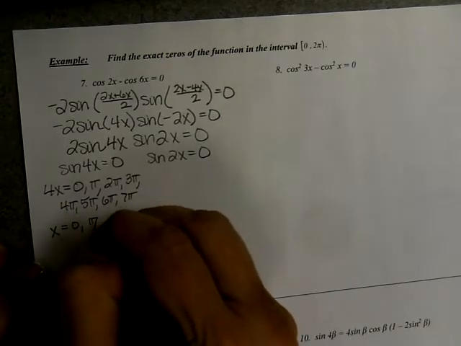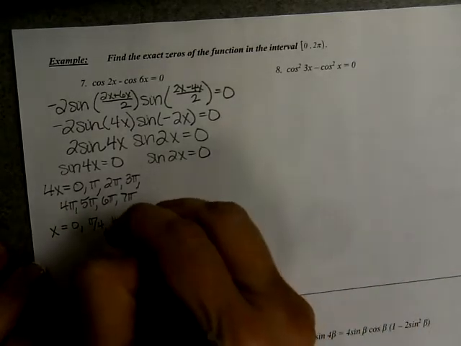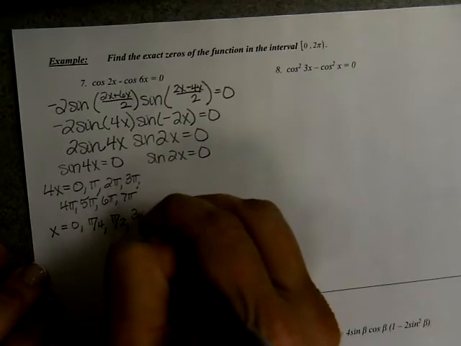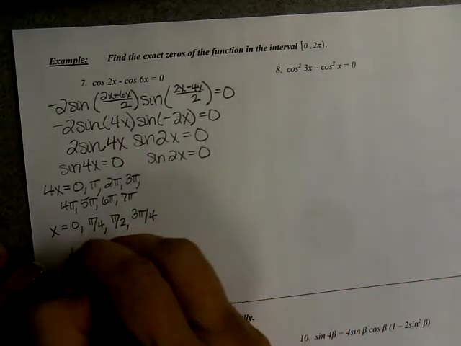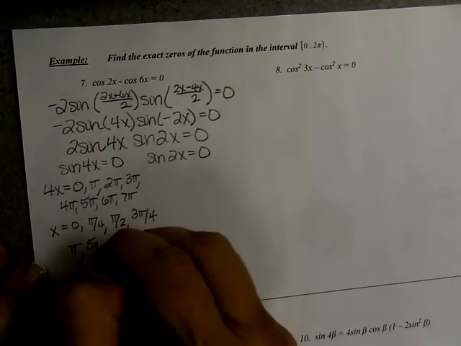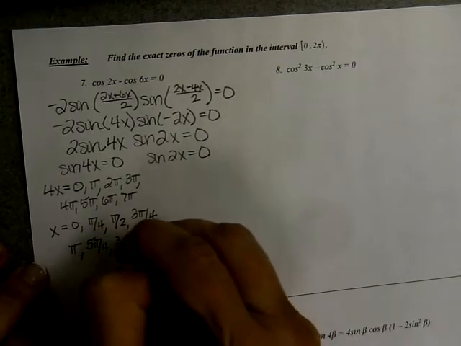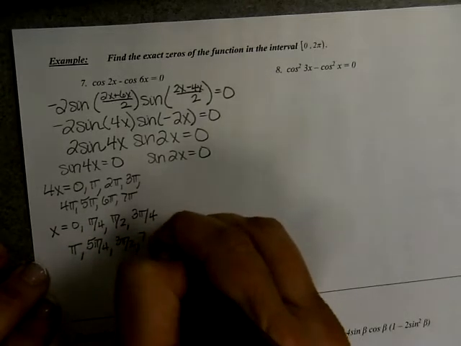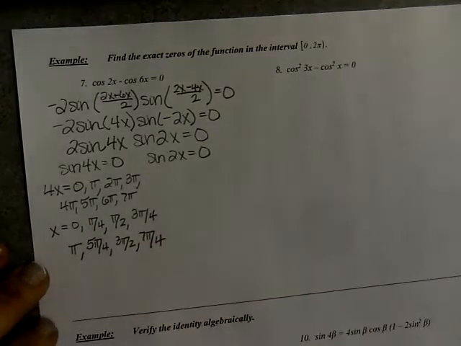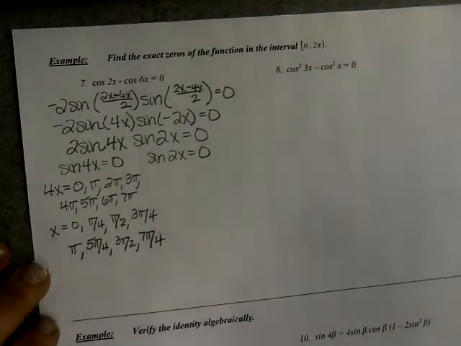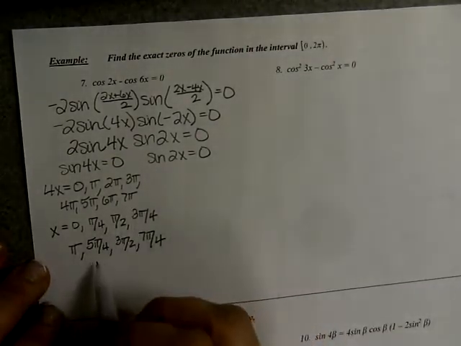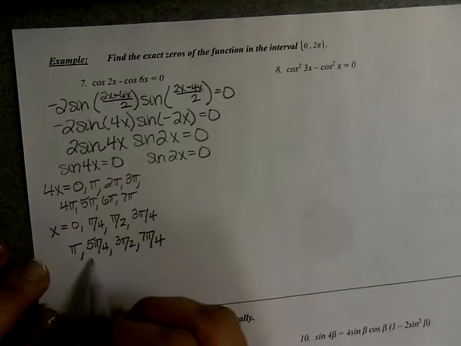So I have 0, pi fourths, pi halves, 3 pi fourths, pi, 5 pi fourths, 3 pi halves, and 7 pi fourths. So those are all the ones that we have for when the sine of 4x equals 0.